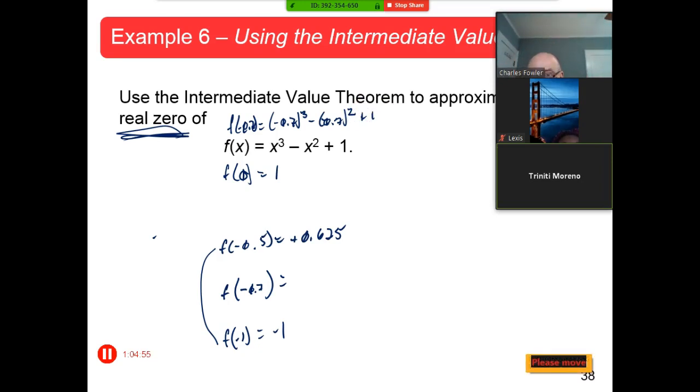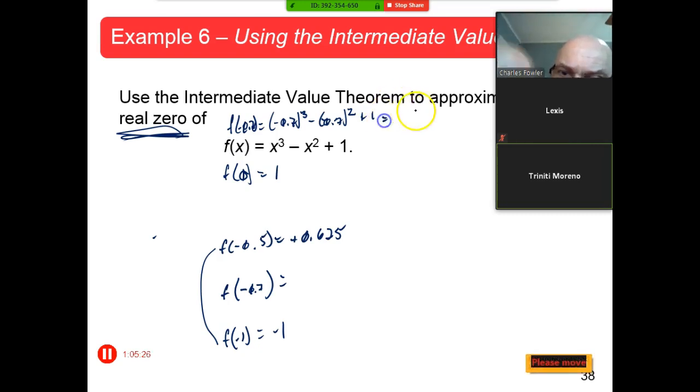Negative 0.7 cubed. That's negative... Okay? You'll have to say it a little bit louder. Negative 0.343. Okay, that's the answer or just that one part? That's that cube part. Okay, then do a minus a negative 0.7 squared, which would be a negative 0.49 plus 1.